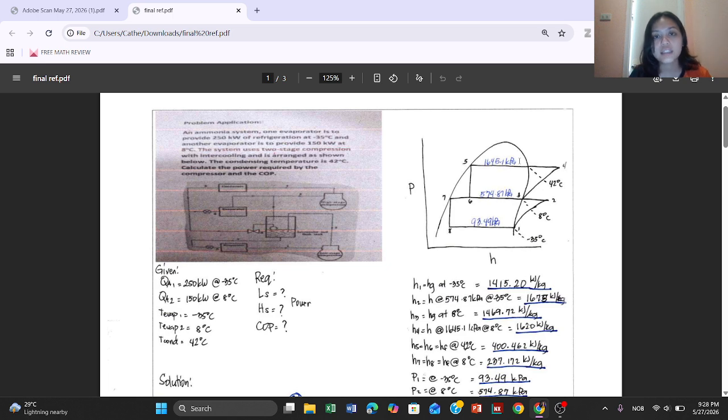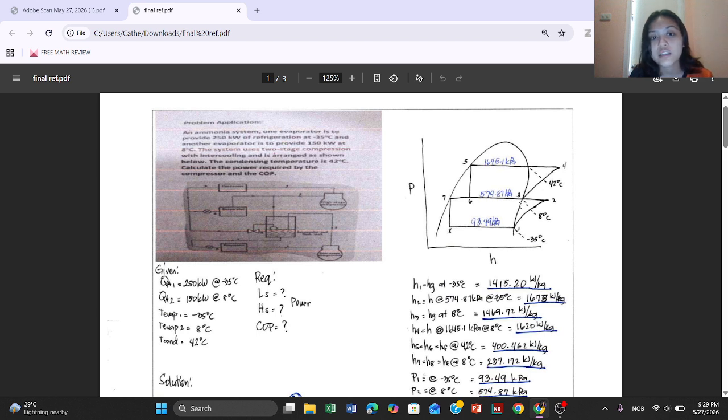So first, let's draw the pH diagram. Here is the pH diagram starting at point 1, which is the outlet of the evaporator, and will enter the compressor. Along this isentropic line, it will get out at point 2, then enter the intercooler, which is at 574.84 kPa, the pressure from the evaporator.